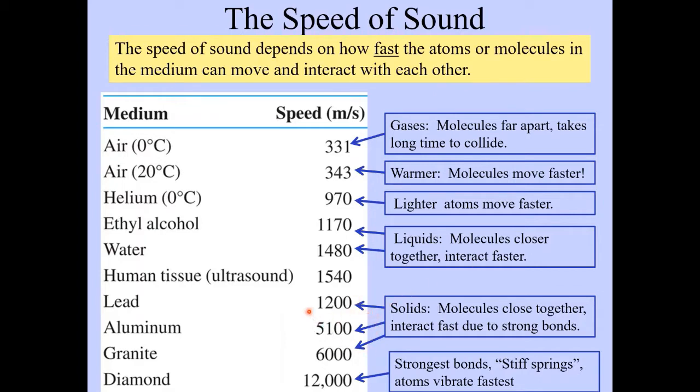Because solids are tightly packed atoms and molecules, they react very quickly when there are vibrations in a solid. So the speeds of sound are very fast in solids. Here's diamond down here, which has the strongest bonds of any substance, and therefore it has a very, very high speed of sound, something like 12,000 meters per second.